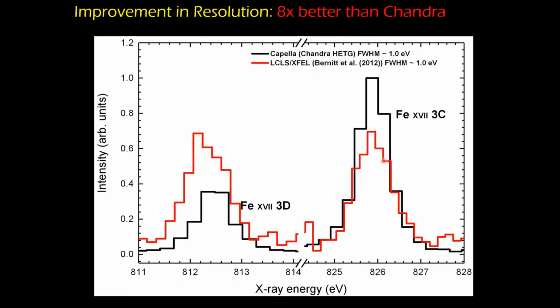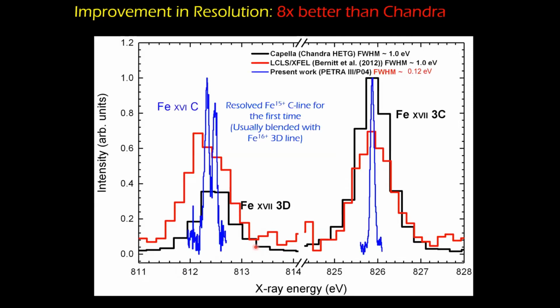And for the population transfer, we need to improve the resolution. This is the resolution that we had at LCLS, roughly 1 eV resolution at 812 eV. It can also be compared with the Chandra high energy transmission grating, which has a somewhat similar energy resolution.